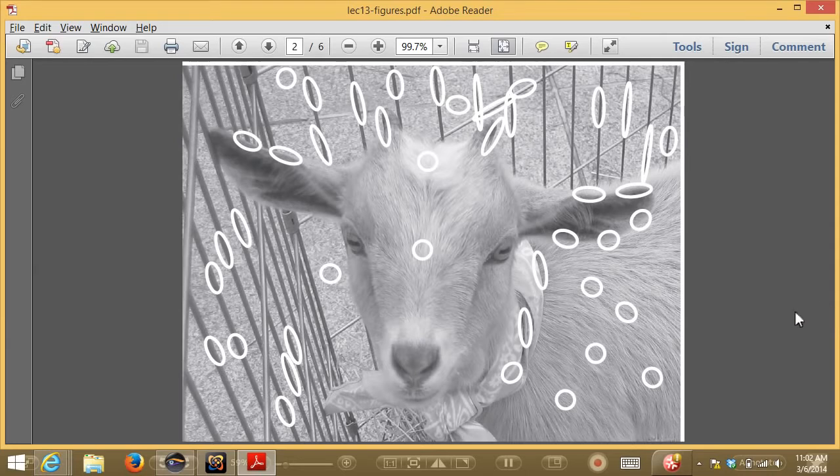So for example, here, along the bars of this cage, I've got strong ellipses that are narrow and go up and down along with this cage. When I've got a flat region, like here, basically I get a circle, which tells me that there's really no strong edges in that area. And you can see in other regions of the image, these ellipses follow along with how edgy the image is at that point, right?